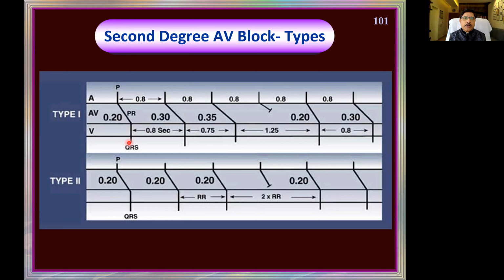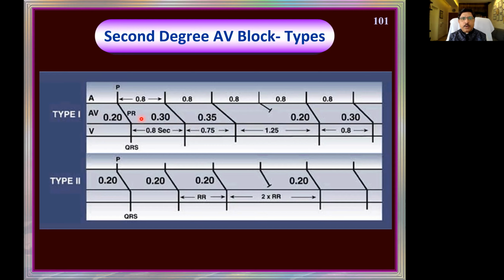And the QRS complex occurs after the delay of the PR interval. So then this is the QRS. So normally the PR interval is 0.2 or less. In type 1, there will be progressive lengthening of the PR interval. Look here, this is the PR interval here, this is the interval there, and this is even longer.